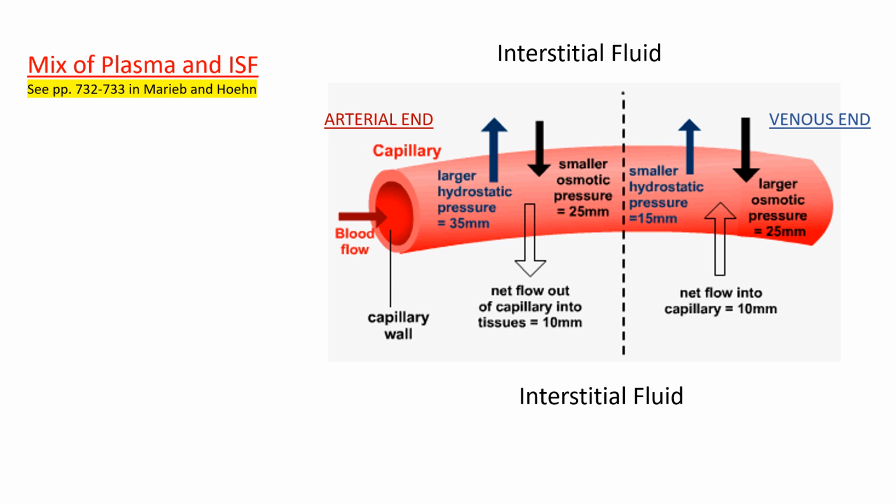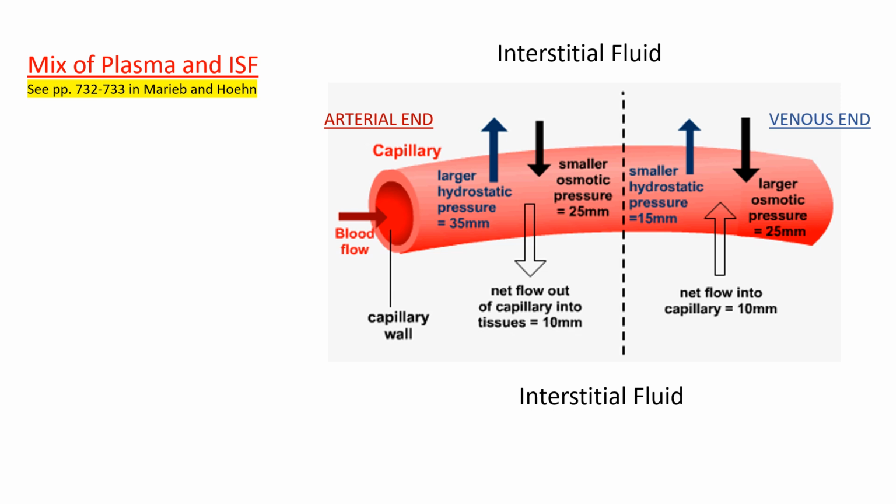This is known as filtration. Part of that's due to the blood pressure, the fluid pressure pushing fluid out, keeping proteins and cells in. And we also have osmotic pressure, which counters that. So while we are pushing fluid out, osmosis is actually pulling fluid back in.